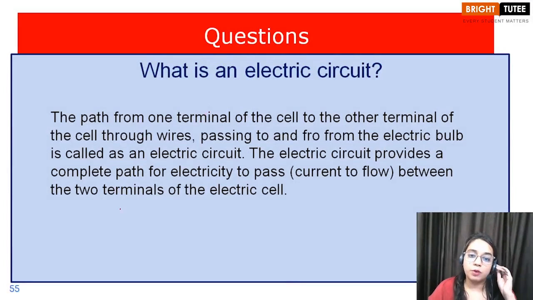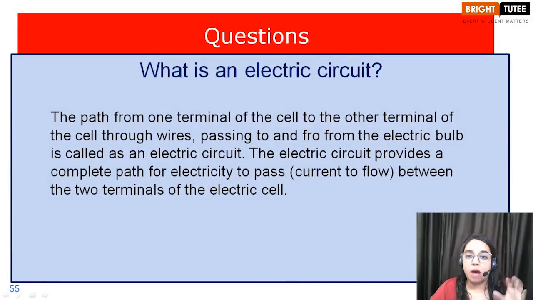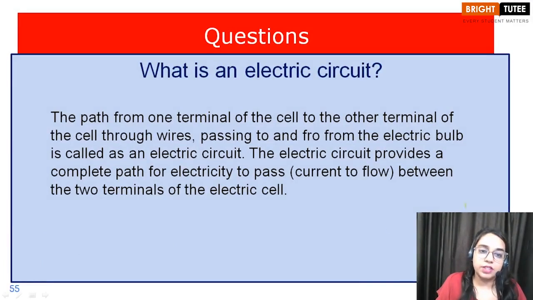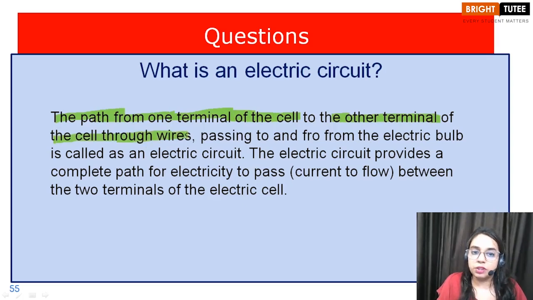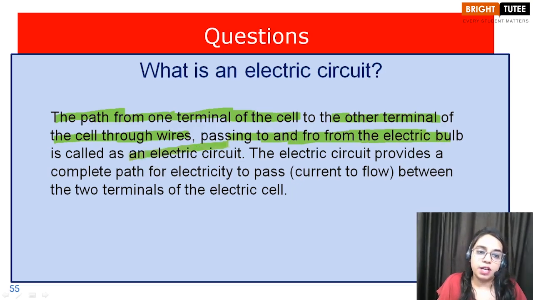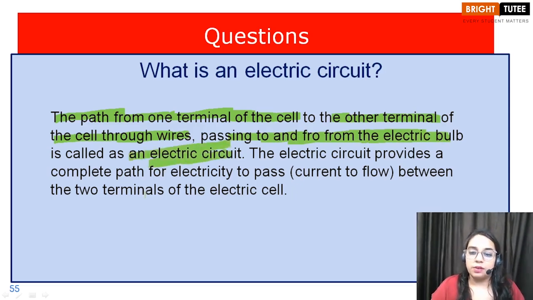So children, how do we define it? In case it is asked in your examination, how are you going to write about it? We will see it now. The path from one terminal of the cell to the other terminal of the cell through the wires, passing to and fro from the electric bulb, is called an electric circuit. So children, what did we say?